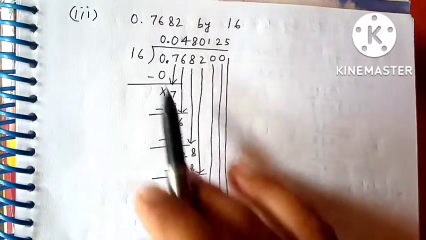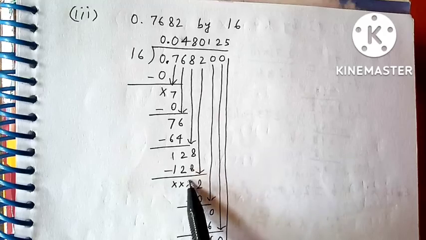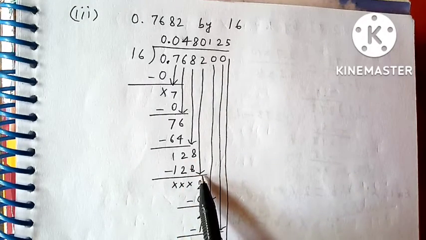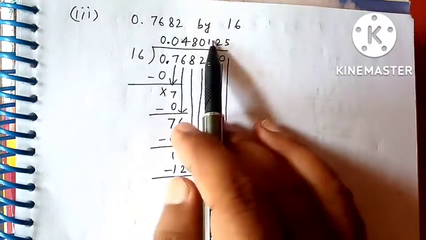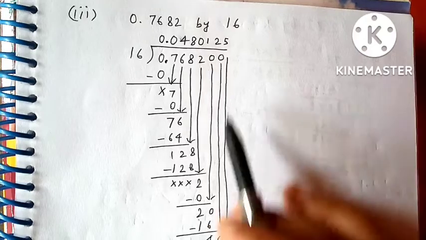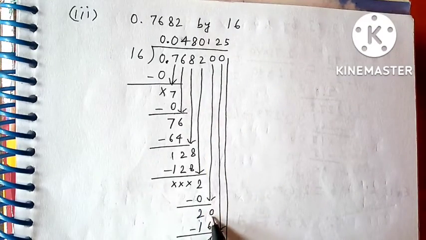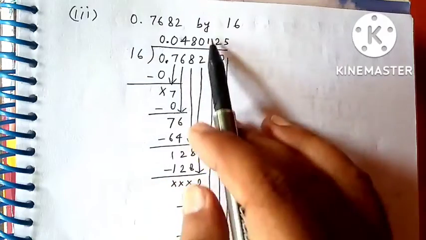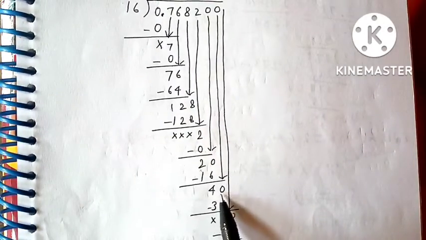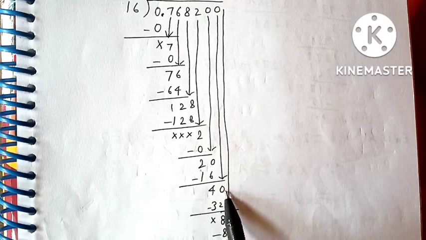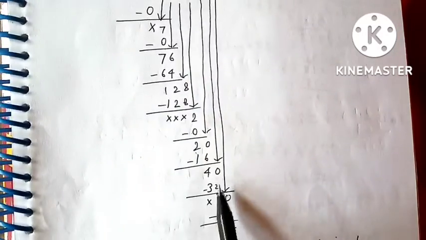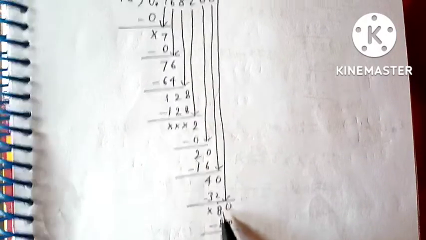Now 128, 16 8s are 128. Then 16 2s are 32.